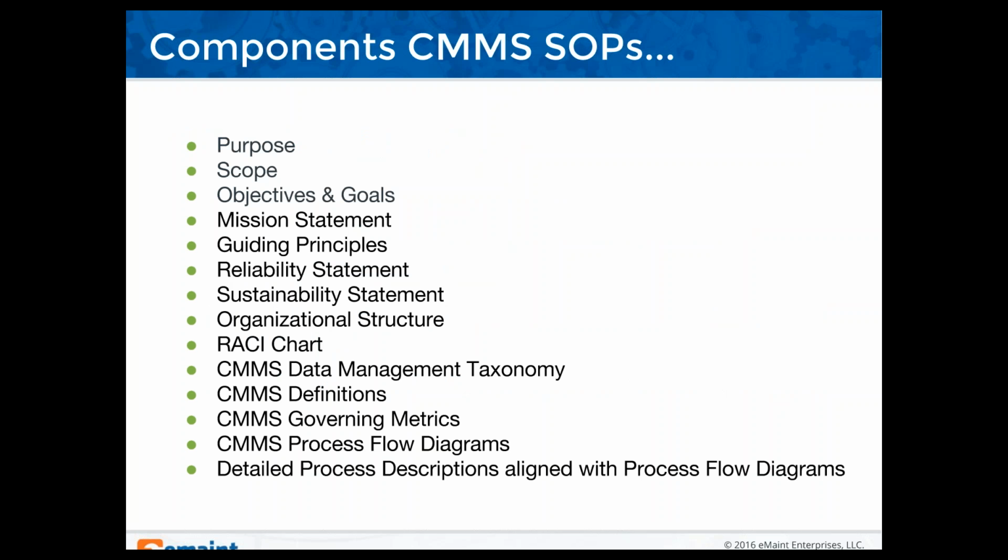A purpose, a scope, objectives and goals, mission statement, guiding principles, a reliability statement, sustainability statement, an organization structure that ties into the RACI chart in terms of roles and responsibilities, data management taxonomy, CMMS definitions, the governing metrics, then the process flows in relation to the various business processes for asset management, work order management, preventive maintenance management, inventory management, purchasing management, and maybe some of those subdivided.